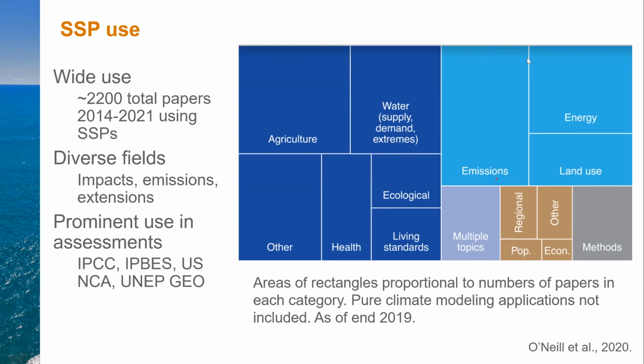So you see that a little more than half of studies are actually of climate change impacts, dominated by agriculture and water. A good number of them are on emissions and emissions reductions, energy, land use, kind of the drivers' side. And then there are some others on regional outcomes, methods, and cross-cutting topics. So they're in wide use.